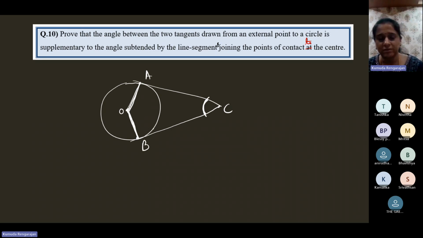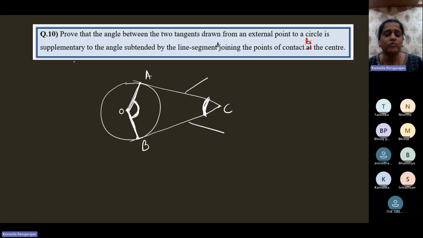It is a line segment joining the point of contact B to the center O. So this is the angle between the line segments joining the points of contact to the center. And this is the angle between the two tangents. This is one tangent, this is the other tangent.